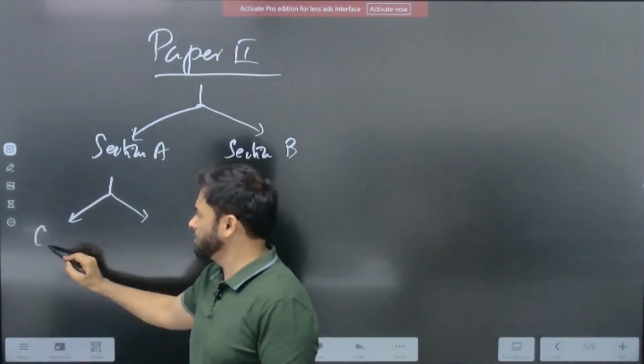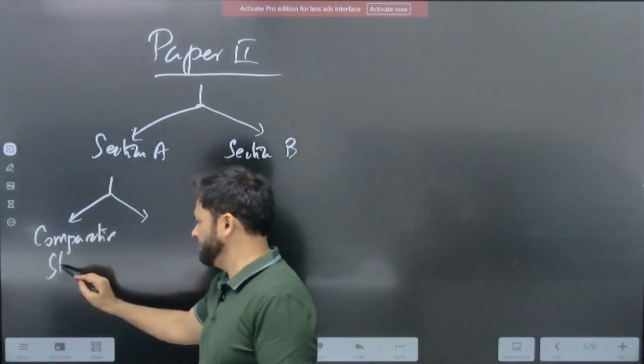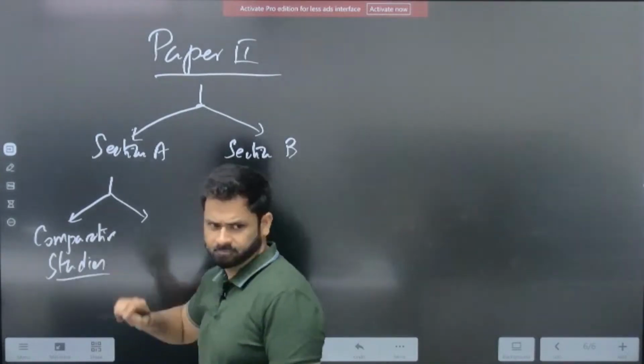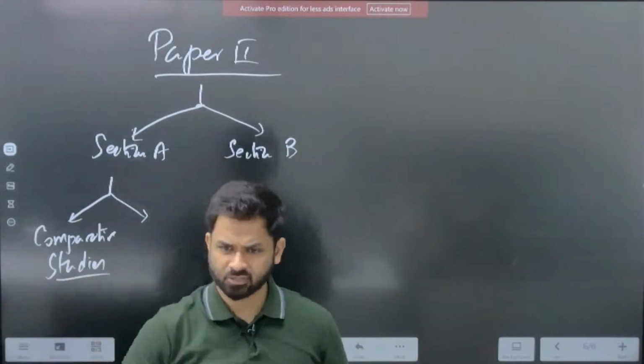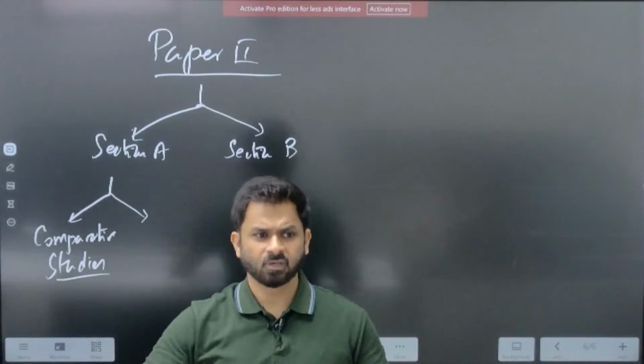First of all, you have what is called comparative studies. What do you study comparatively? Why comparative studies? In international relations, when you have to study the world, what will you study?